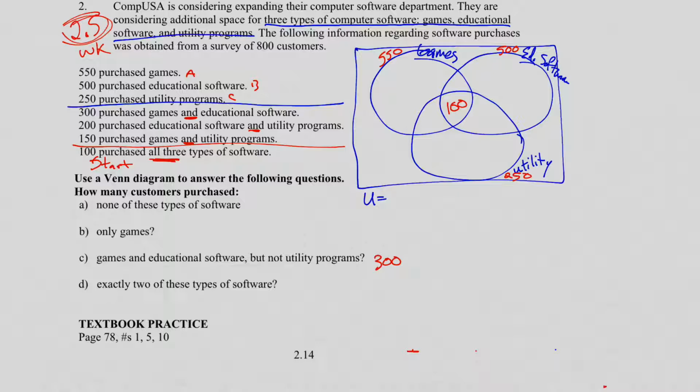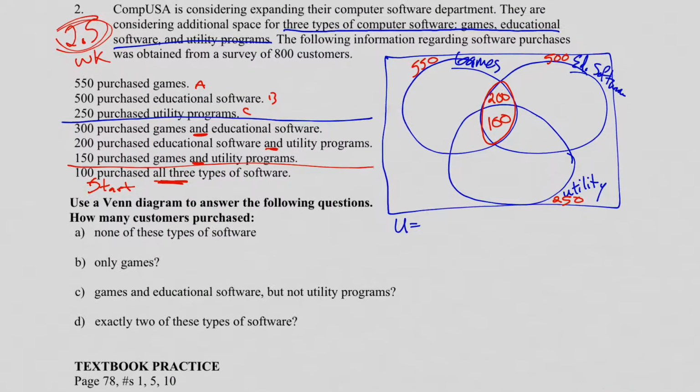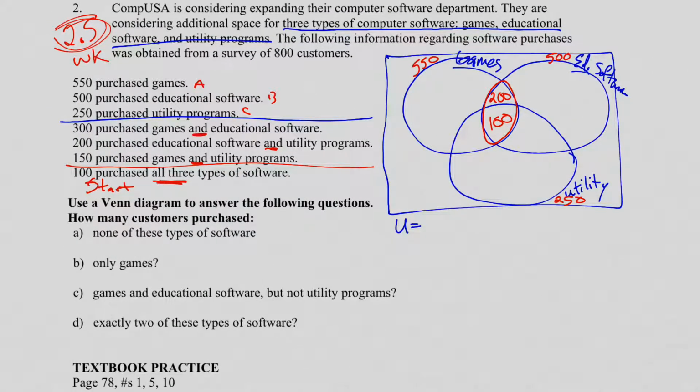So the 300 is the whole entire petal right here. That whole thing is 300, and then this must be 200. We don't need to do work for that. So make sure that you also include the 100 that's already listed to make the 300.